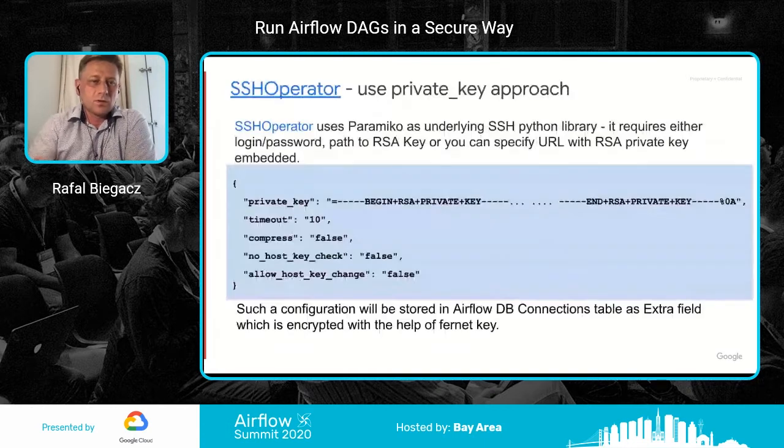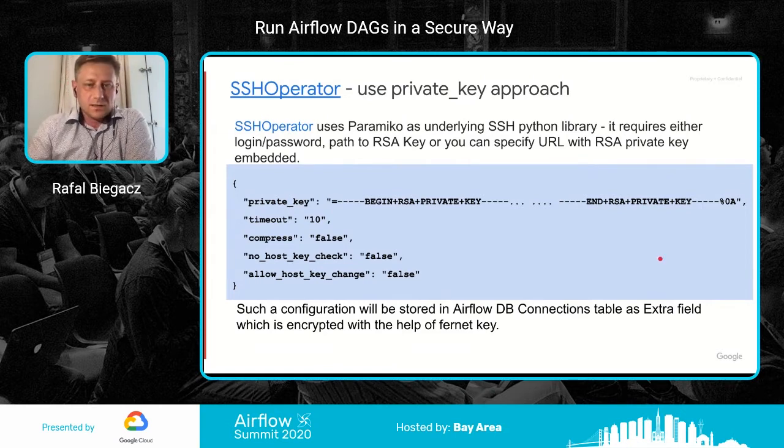So here is an example of SSH operator. In general, SSH operator uses Paramiko as underlying SSH Python library, and it requires either passing to it login and password, path to RSA key, or you can specify URL with RSA private key embedded in the URL.